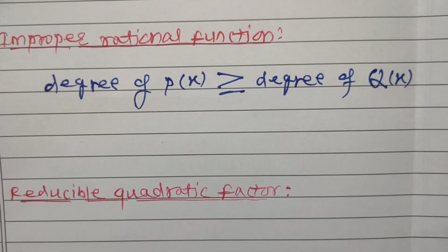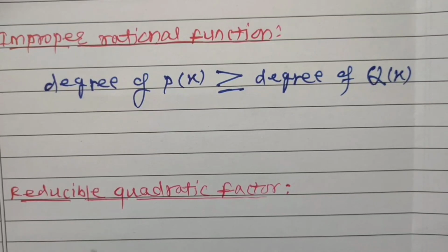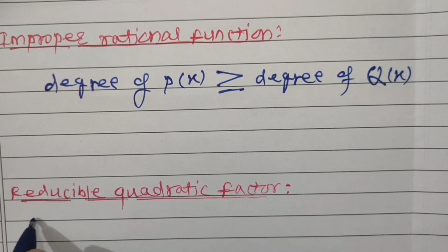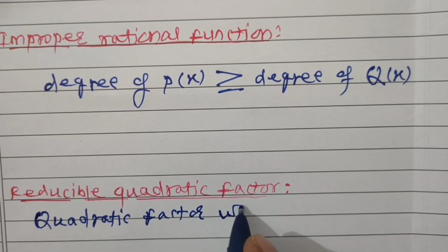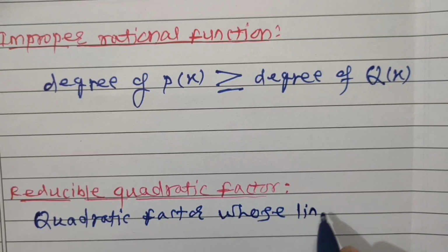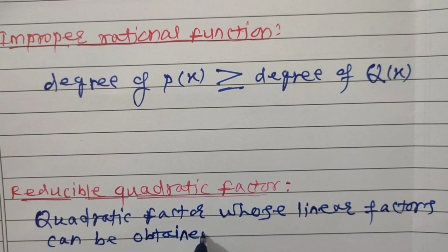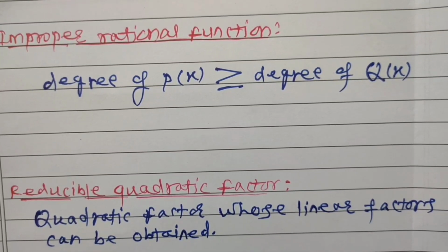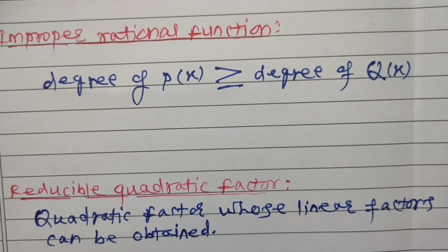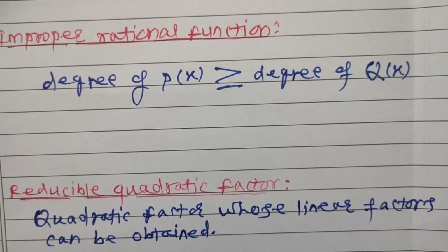Let us know about reducible quadratic factors. Reducible quadratic factor means quadratic factor whose linear factors can be obtained. Meaning of this is very simple. A quadratic factor which is reducible to linear factors is known as reducible quadratic factor.